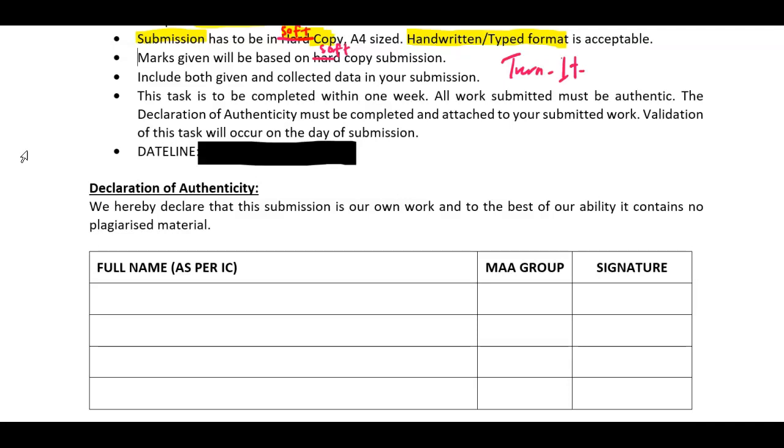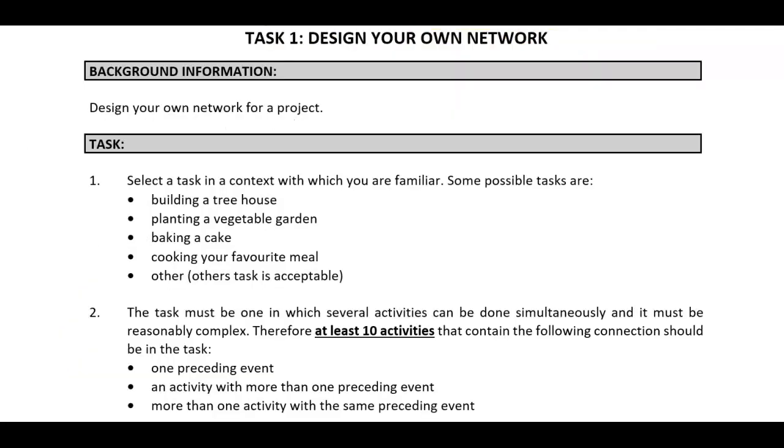You submit your work into Turnitin via the eLearn and then generate a report, and submit that report together with your soft copy of your investigation 2. Do remember to have the full name as per your registration and your MAA group for all of the members, and also put your signature here.